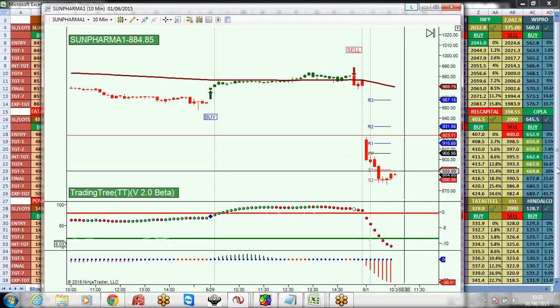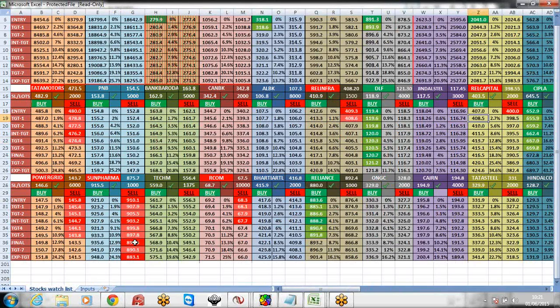So I wouldn't have exited at this final target, 895, because it has further gone down another 20 rupees. Since I know the trend there, I won't exit prematurely at 895. I would have waited till 875, which has actually given me another 20 rupees. So if you take a trade like this, you have 25, 35 rupees in profit.